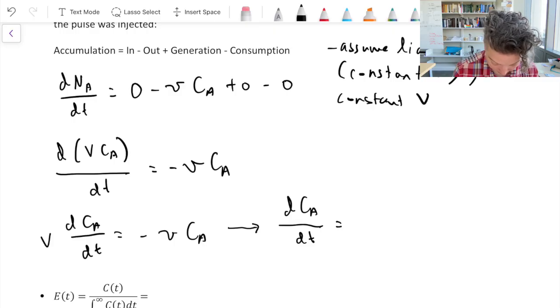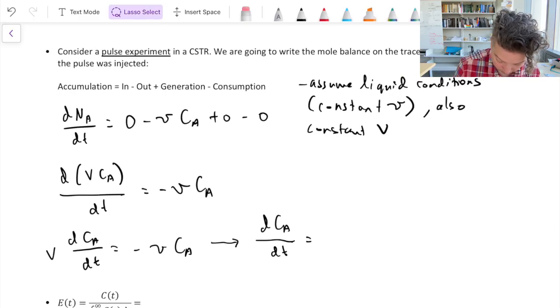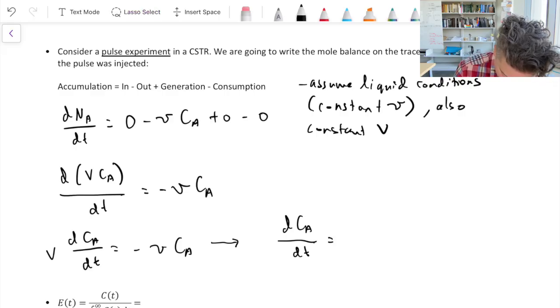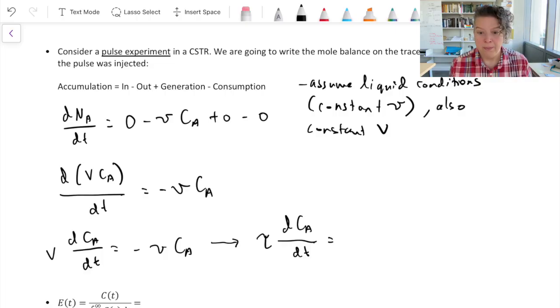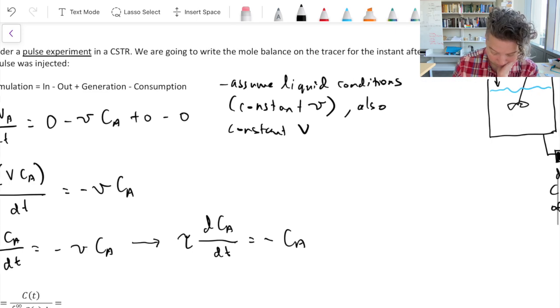That is going to give me, actually, it would be, one second. It would be tau, correct? Residence time times dC_A/dt is equal to negative C_A. What that then allows me to do is separate variables.